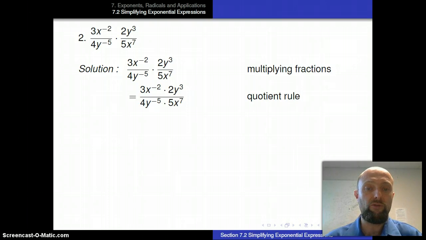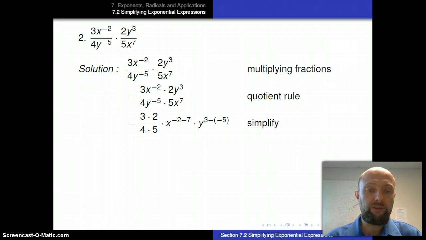x^-2 over x^7. The quotient rule says we have to subtract the exponents. Similar for y^3 over y^-5, we have to subtract the exponents. So we get 3 times 2 over 4 times 5 times x^(-2-7) times y^(3-(-5)). We simplify.